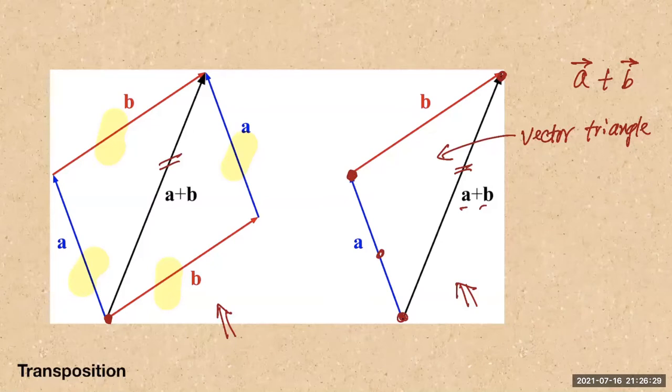It's the diagonal of this parallelogram. So this is called the parallelogram method of adding two vectors, instead of the triangular method. They both give the same result.